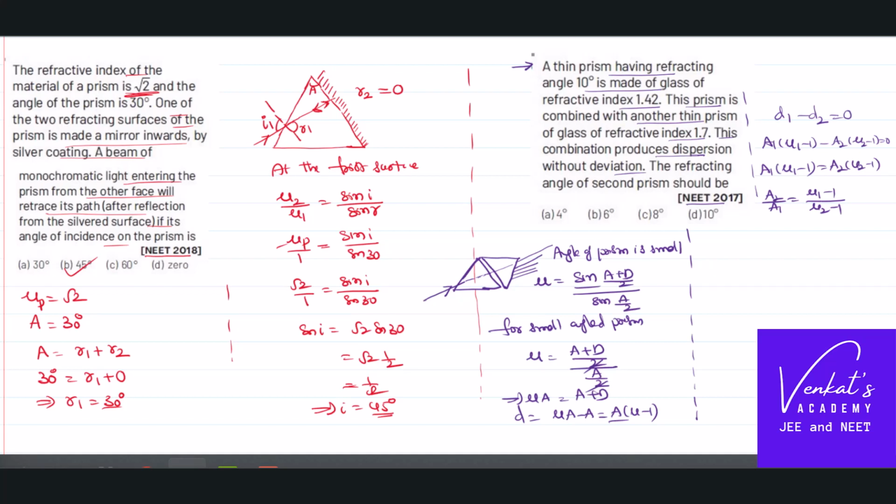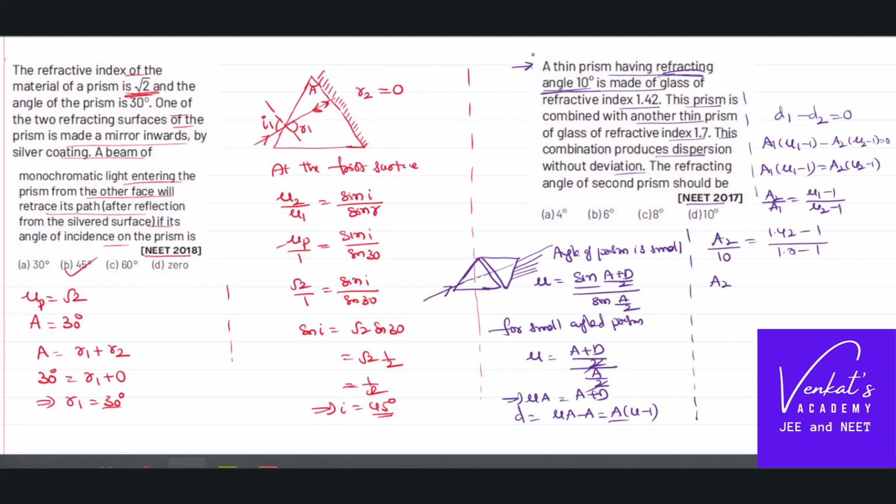You are asked to find out A2. A1 is given to you in the problem as 10. Refracting angle means angle of prism. Mu1 is given as 1.42. Mu2 is given as 1.7. Minus 1, and minus 1.